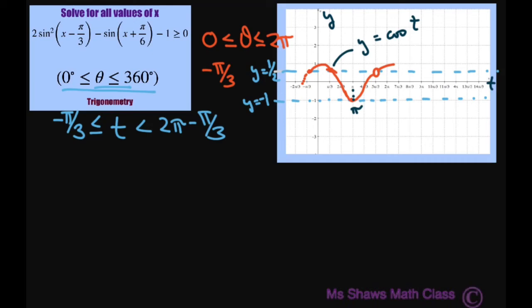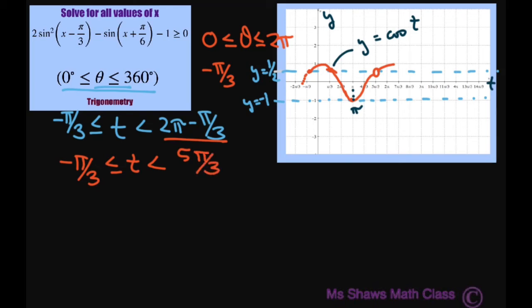Therefore, negative pi divided by 3 is less than or equal to t, which is less than 2 pi minus pi divided by 3, and this equals 5 pi divided by 3.